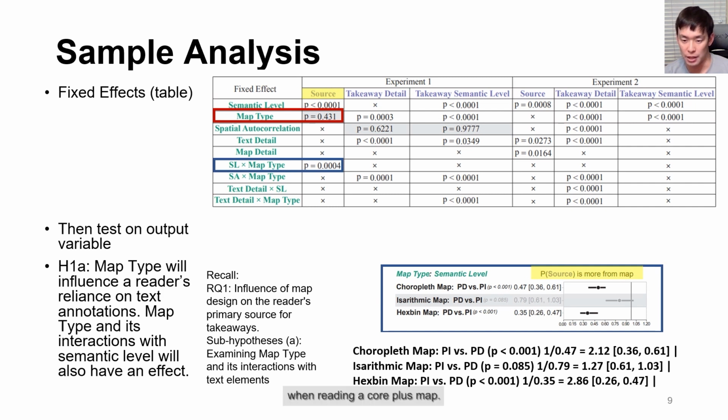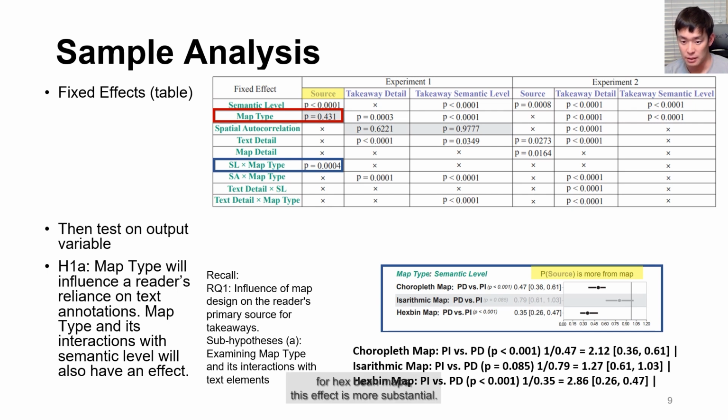When reading a choropleth map, readers are 2.12 times more likely to report relying on the map when reading perceiver-independent annotations versus perceiver-dependent annotations. When reading an isarithmic map, readers are 1.27 times more likely to report being more reliant on the map when reading perceiver-independent annotations as opposed to perceiver-dependent annotations, although this is not statistically significant at a p-value of 0.085.